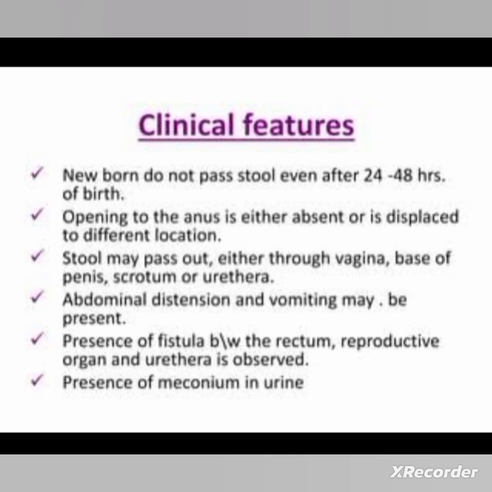That means there may be a fistula, an abnormal connection between the rectum and genitourinary tract. Then abdominal distension and vomiting may be present. A fistula between rectum and reproductive organ or urethra may be observed. There may also be meconium in urine due to the fistula. These are the features that can be seen in anorectal malformation.